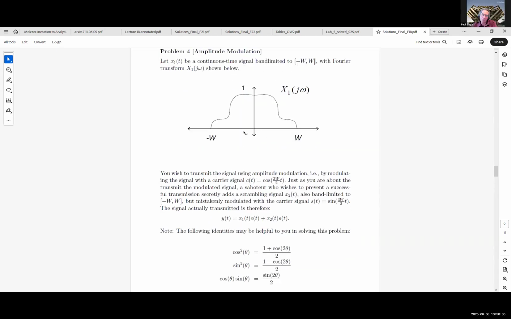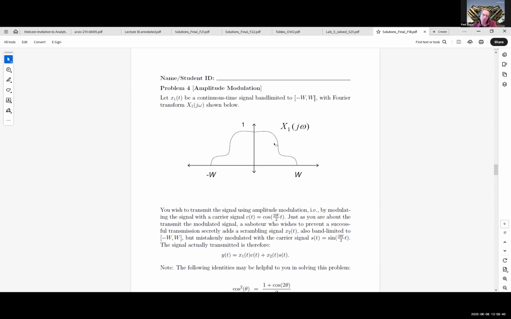Okay. So here you're given basically a band limited signal. This is just a schematic. If you preferred, mentally for this problem, you could initially consider it as talking about a signal whose Fourier transform looks like that, for all intents and purposes.